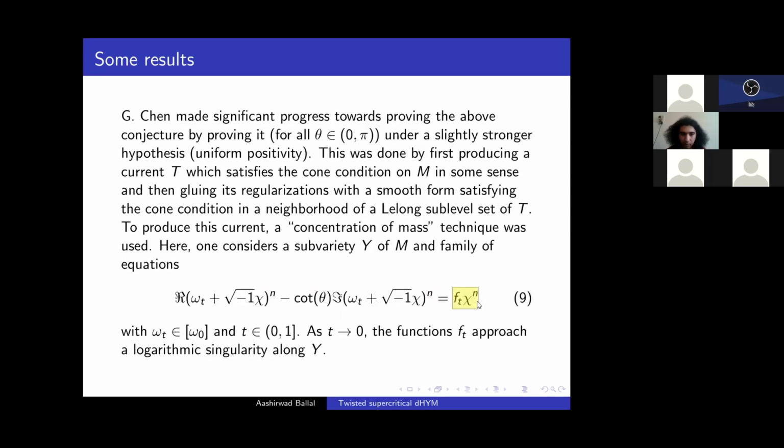Now, as I mentioned earlier, Gao Chen showed that uniform positivity is equivalent to the existence of a solution.